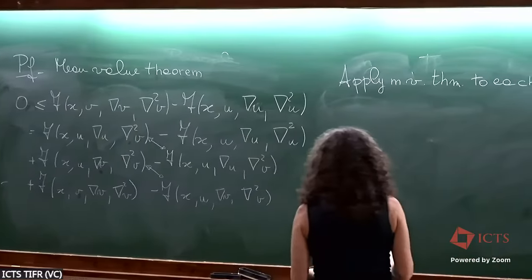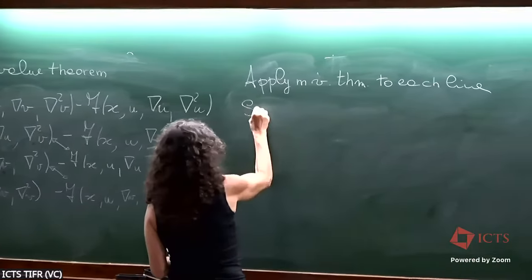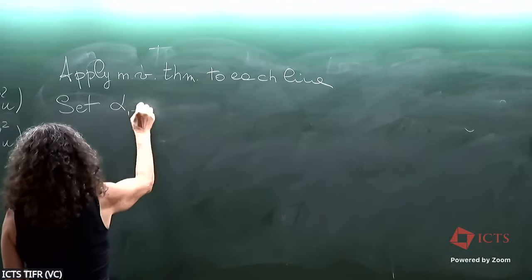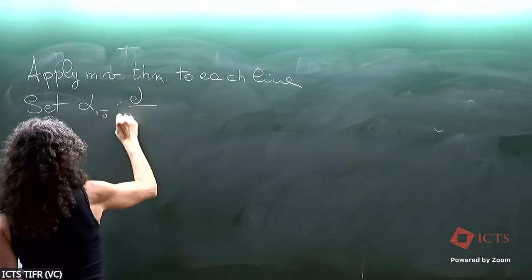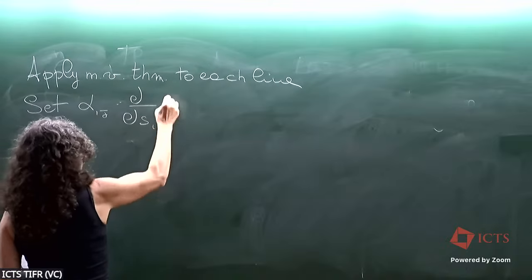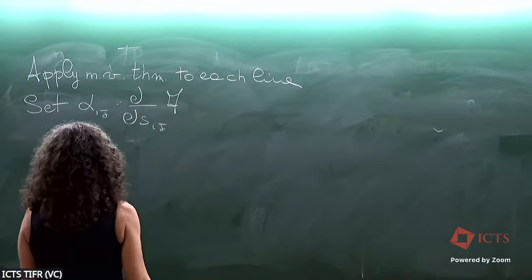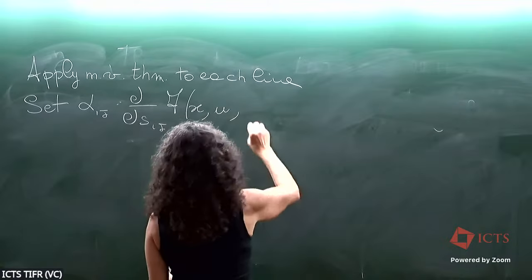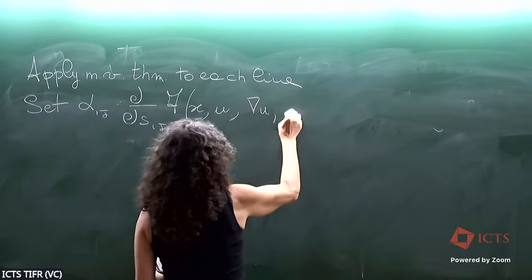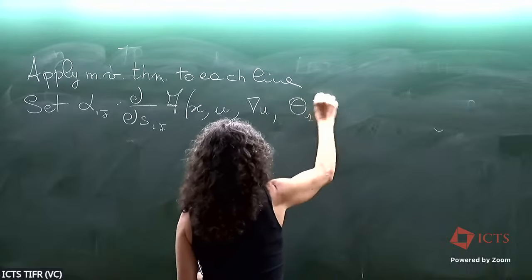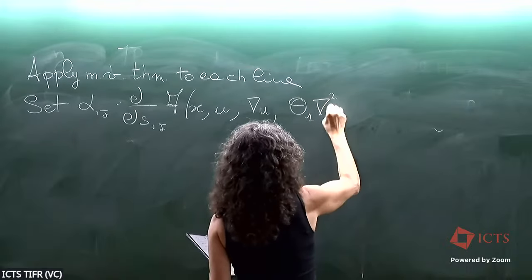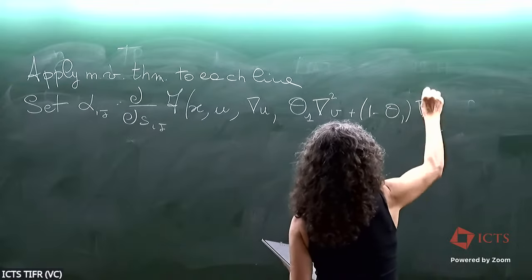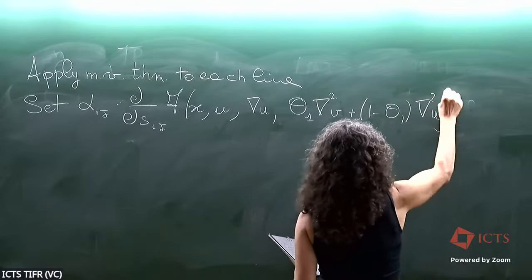Set alpha_ij is the derivative of F in the variable s_ij computed at the point (x, u, gradient u, theta 1 Hessian of v plus 1 minus theta 1 Hessian of u).